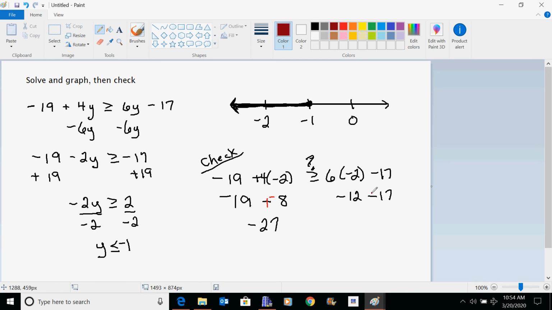Once again, keep, change, change. And so you end up with -29 over here. And we ask ourselves the question, is -27 greater than -29? Yes, it is, because I would rather owe $27 than owe $29. So this does check out.